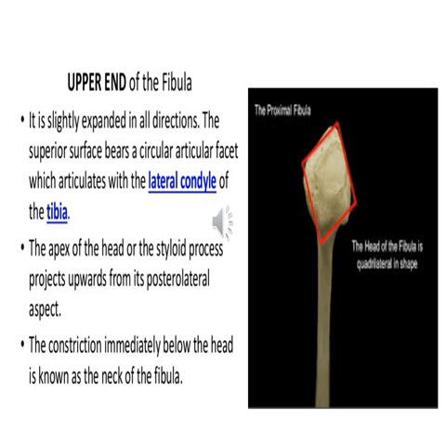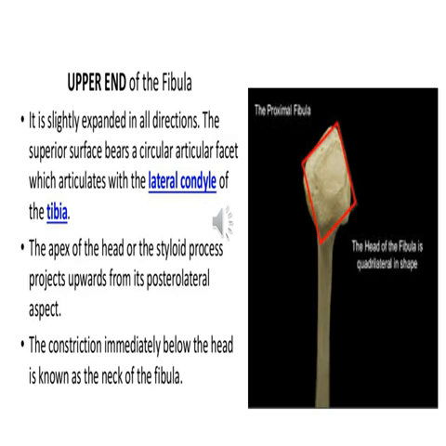Then the apex of the head, or the styloid process, is there, from its posterolateral aspect. In front of the styloid process is this articular facet. Then the constriction immediately below the head is known as the neck of fibula.